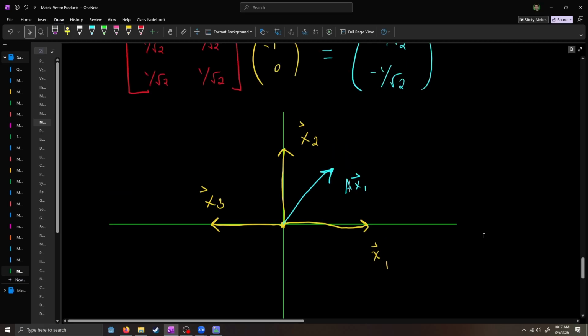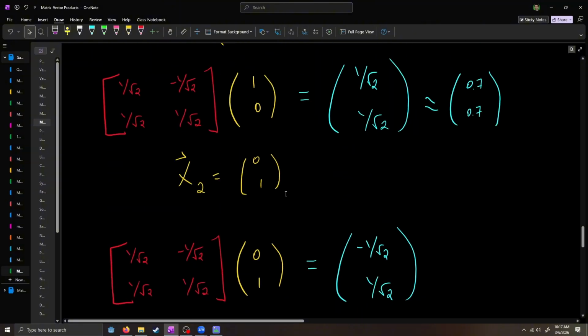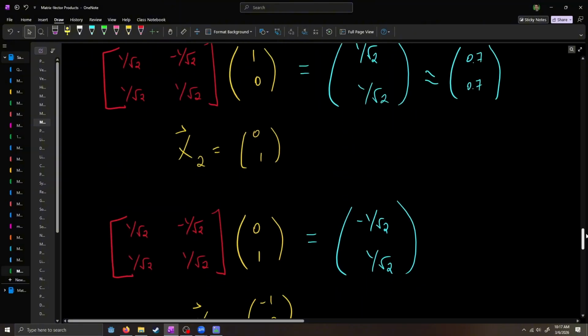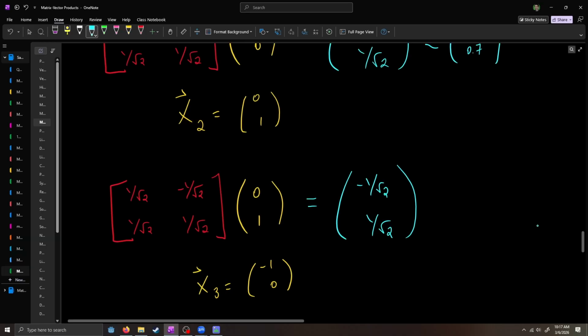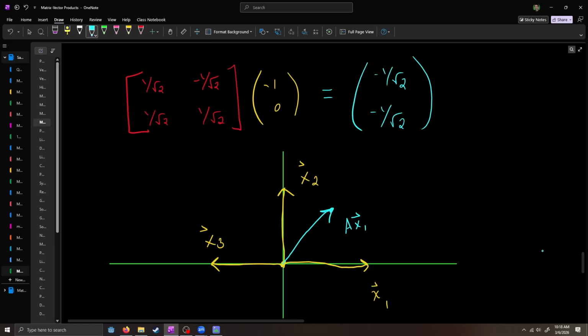If I'm going to graph the result of applying A to my second experimental vector x2, in this case, the result of that matrix multiplication gave us a negative x component and a positive y component. So that would be pointing over into quadrant number 2, like this.